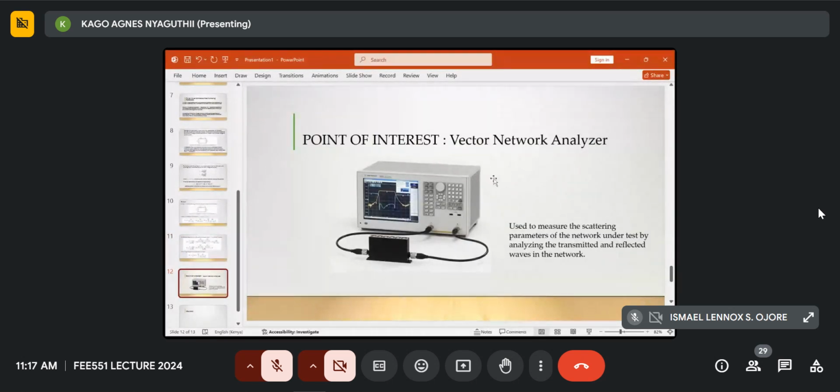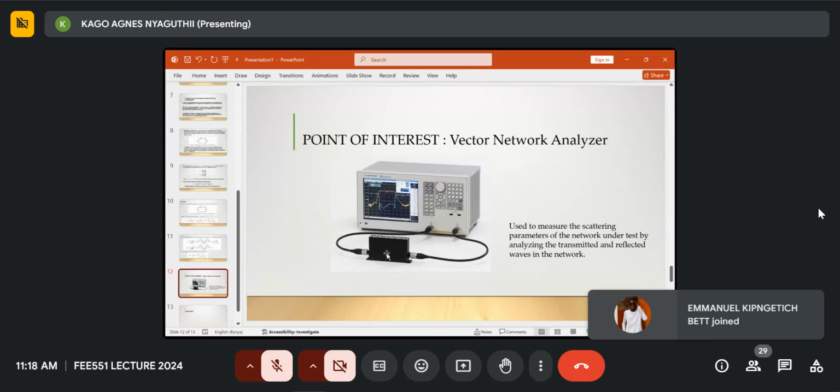I just have this vector network analyzer. My previous group mates had also touched on it. It's used to measure the scattering parameters of the network under test. This is the device under test, and this is port 1 and port 2 that we normally hear.